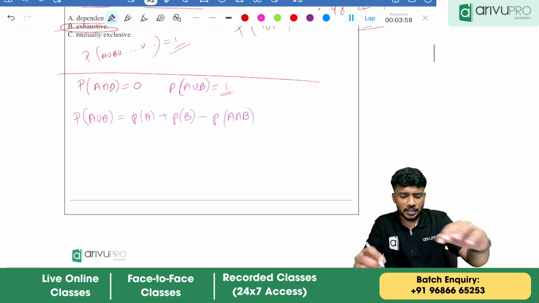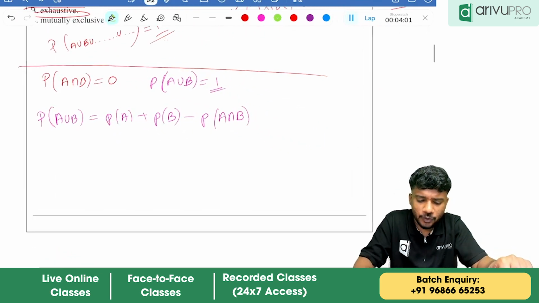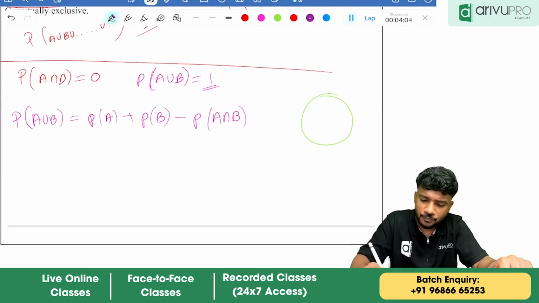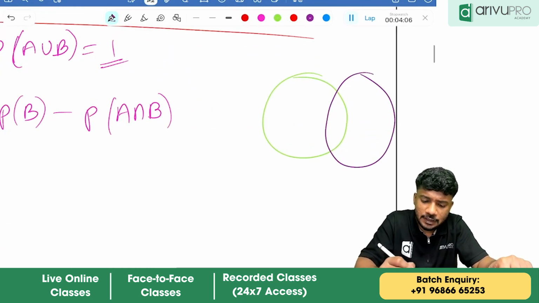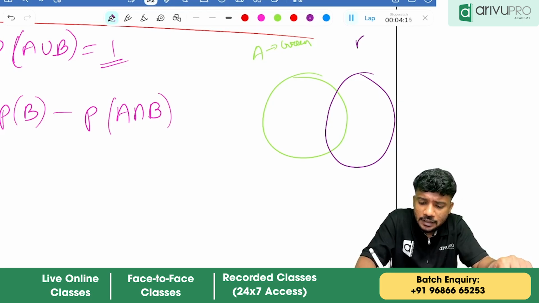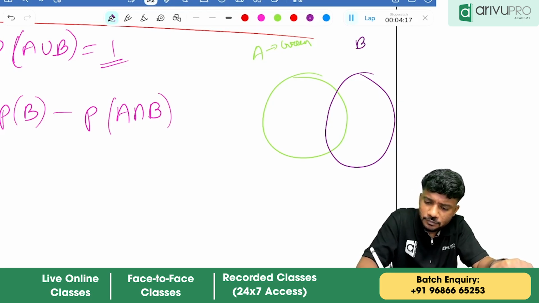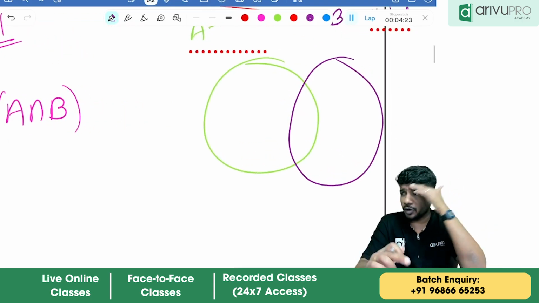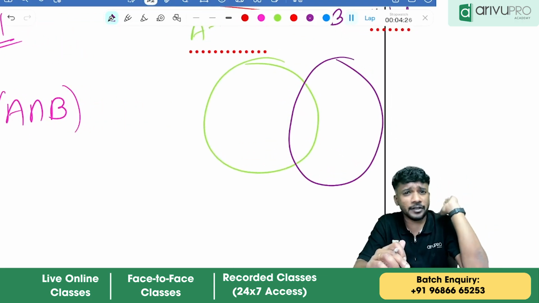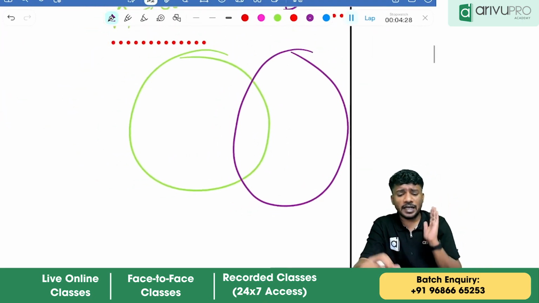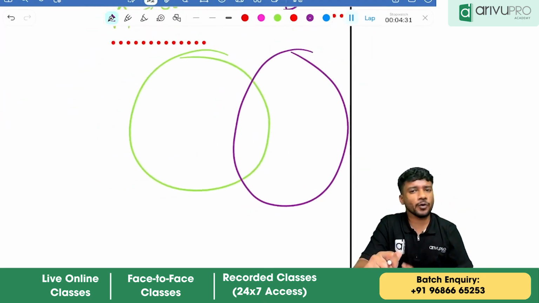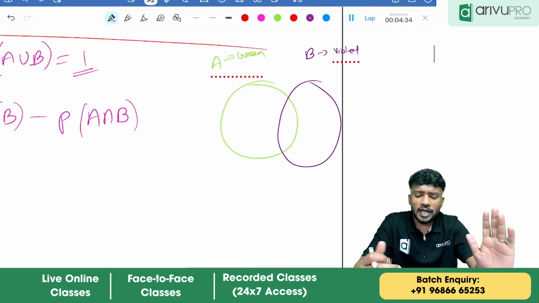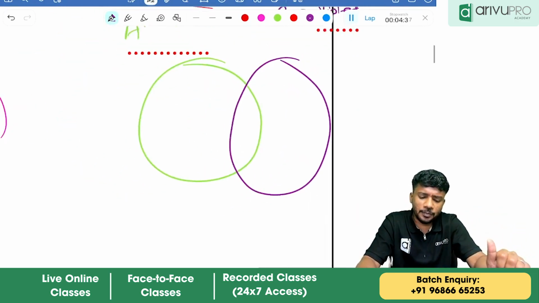P of A union B is equal to P of A plus P of B minus P of A intersection B. So if I just draw one Venn diagram over here. Okay. Whatever is mentioned in green color is A. Then whatever is mentioned in violet color is B. Now, this entire green circle is the probability of occurrence of A. This entire violet circle is the probability of occurrence of B. Now, if you ask me the total probability, here the total probability is how much?